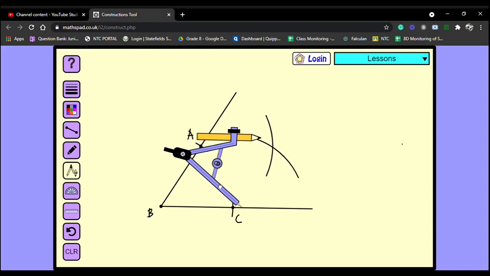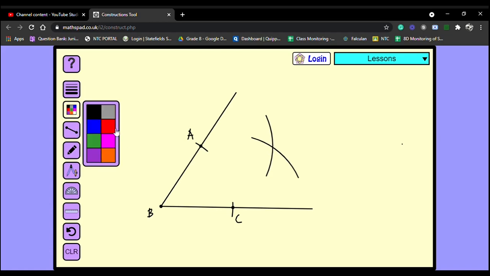And then, as you can see, there is an intersection of our markings. That would be the next point that we will connect. So we need to connect point B, which is our vertex, and the intersection of those semicircles. Okay?